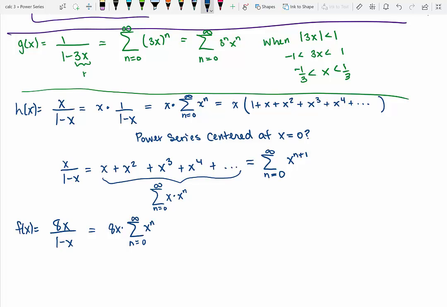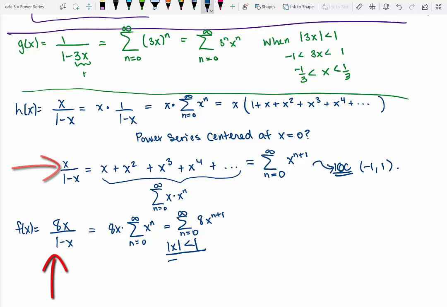And since I know the series is convergent, once I've restricted myself to absolute x less than 1, then I can multiply inside the sum, so n equals 0 to infinity of 8x to the n plus 1. And that becomes an infinite power series that represents the value here. So just to wrap up this example, I want to make sure we include the interval of convergence, or the values on which this holds. In this case it was negative 1 to 1, and in this case it was negative 1 to 1.